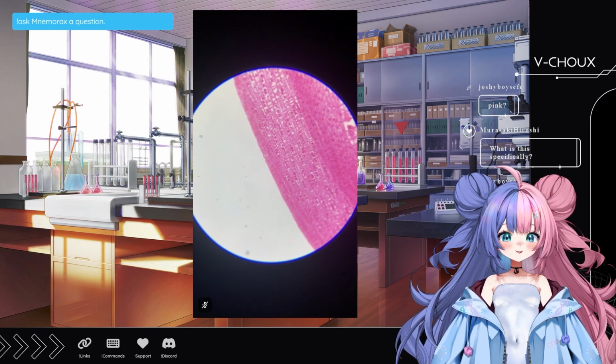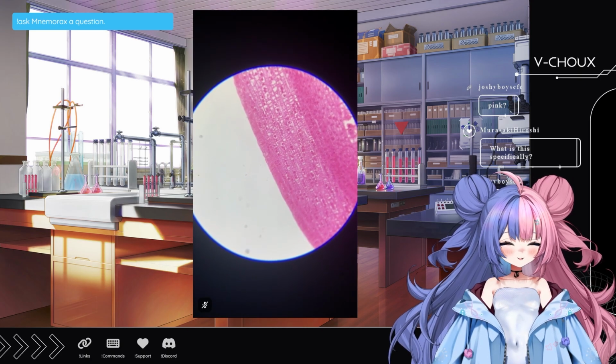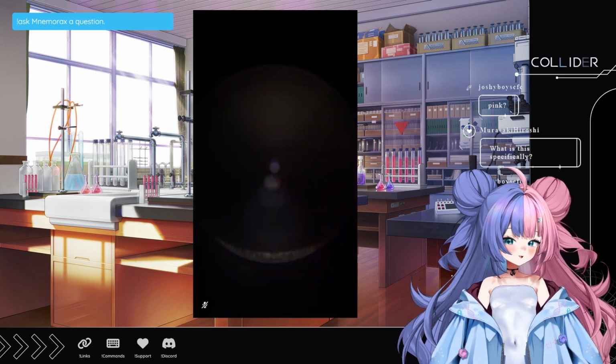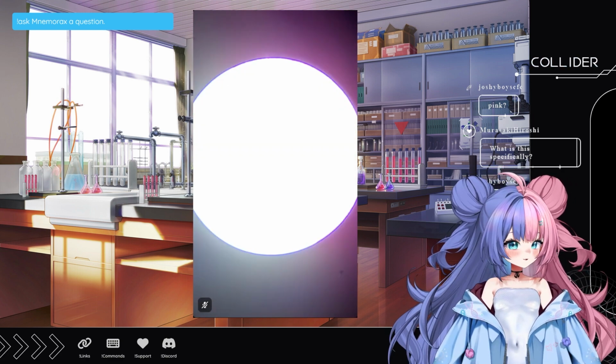So, these are all the cells. Why is it not symmetrical? Shoot!